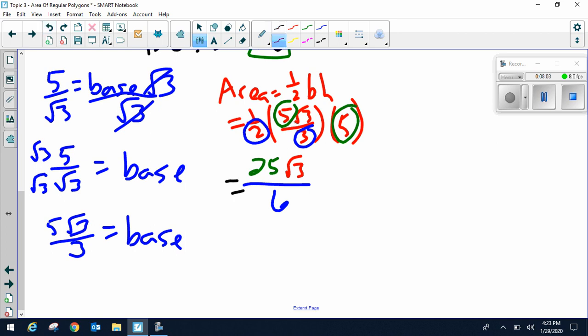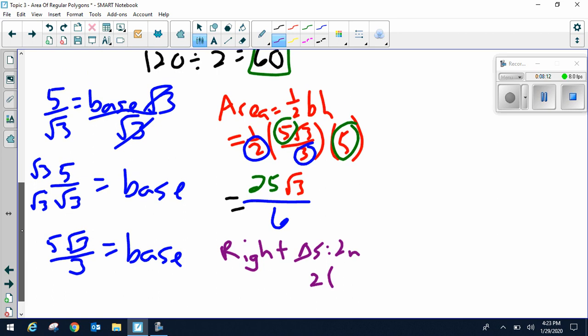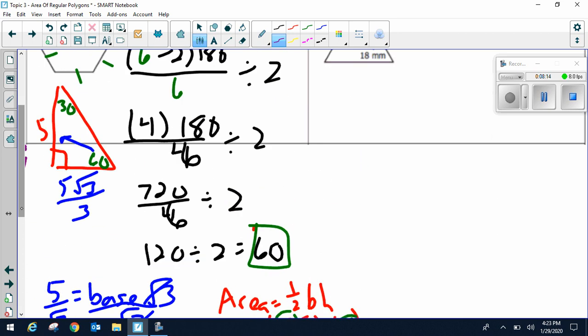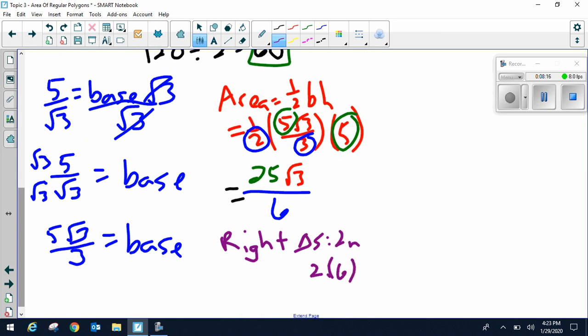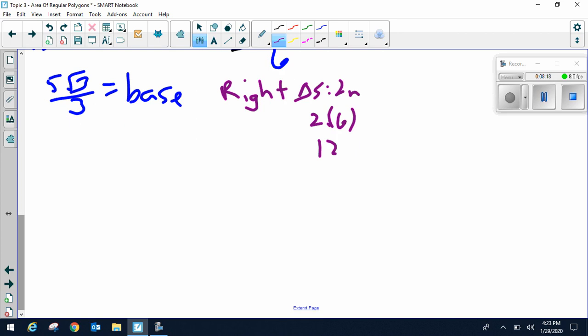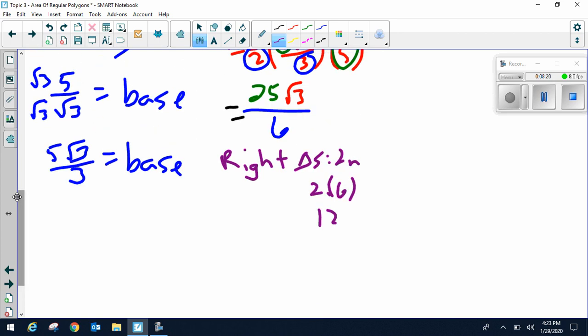Then we need to determine how many right triangles we have. To do 2n, so that's 2 times, I think it was a 6-sided figure. N was 6, it was. So that's 12. So we're going to find the area.